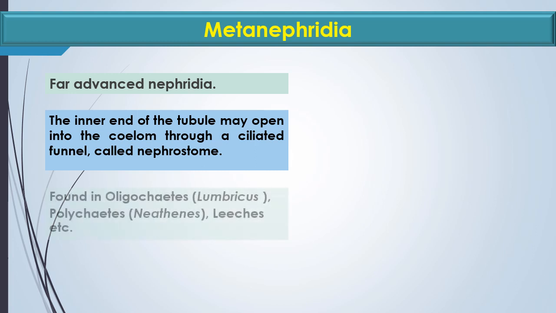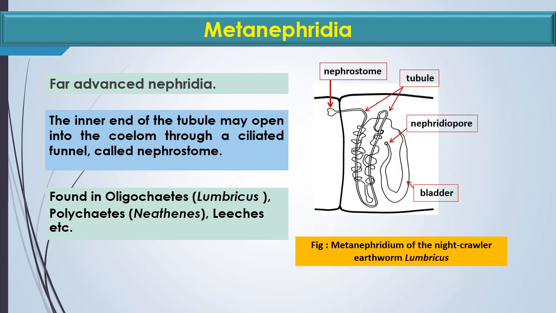A typical metanephridium consists of a nephrostome, a short canal, and a nephriduct, and opens through a nephridiopore to the exterior. Metanephridia are found in oligochaetes, polychaetes, leeches, etc.